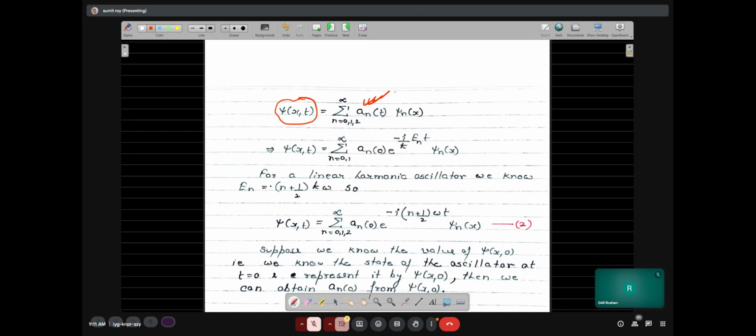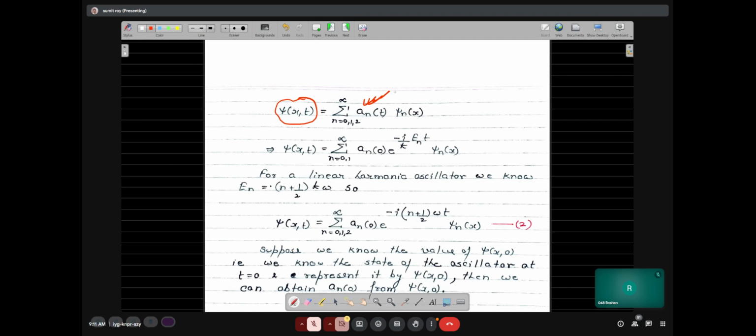So up to equation 2. Equation 2 is an important equation. We have to return back to this equation once again. Before this, we don't have any significant equation where we have to return back. So keep an eye on this equation 2. What we have written in equation 2 is that the wave function at a time t has been written in terms of the coefficient at t equals 0.